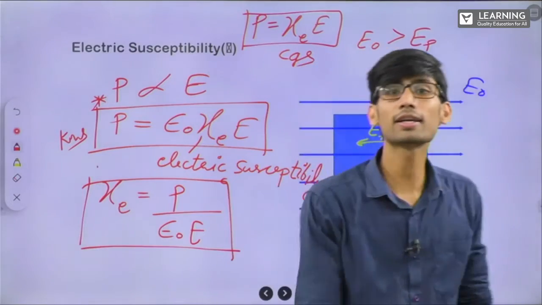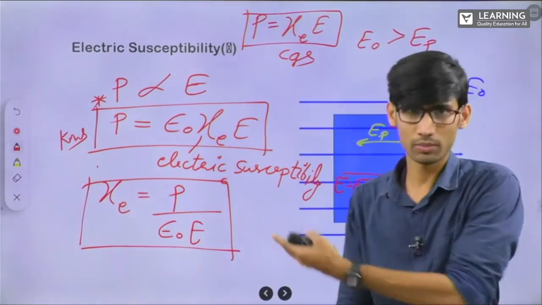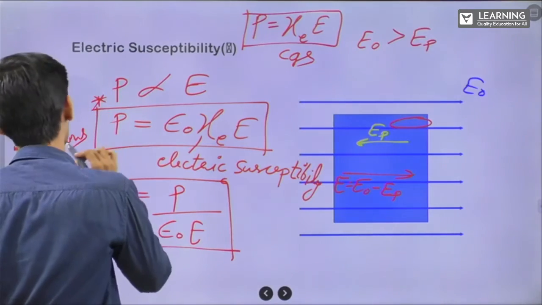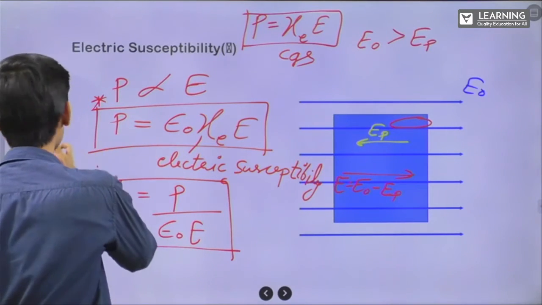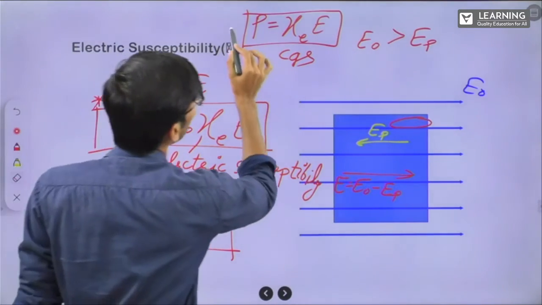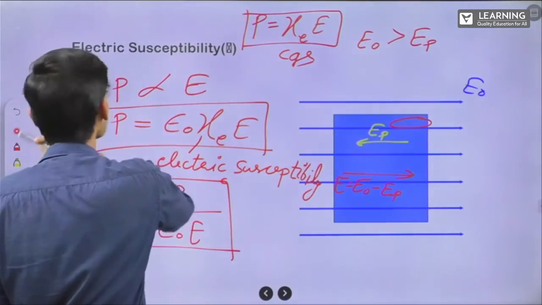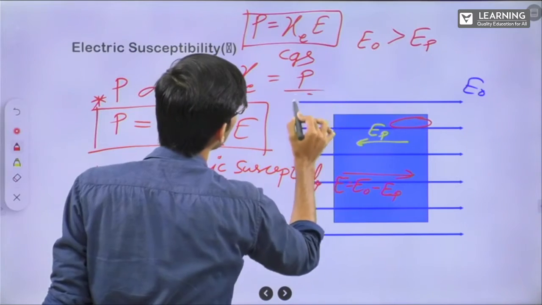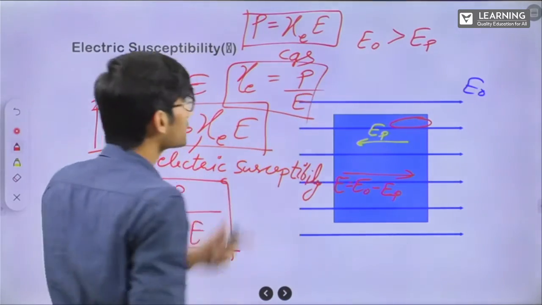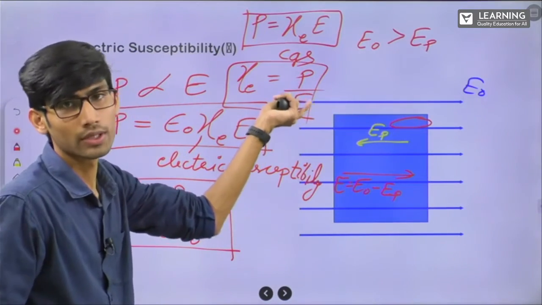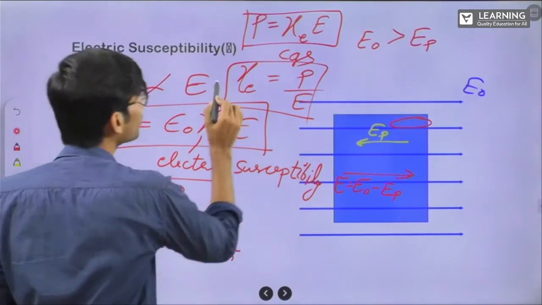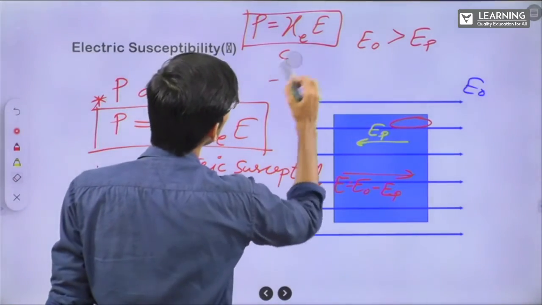Since we are studying the MKS system, in your books you will find this formula. In some books, this formula will be there. Both are correct. Only the system is different.